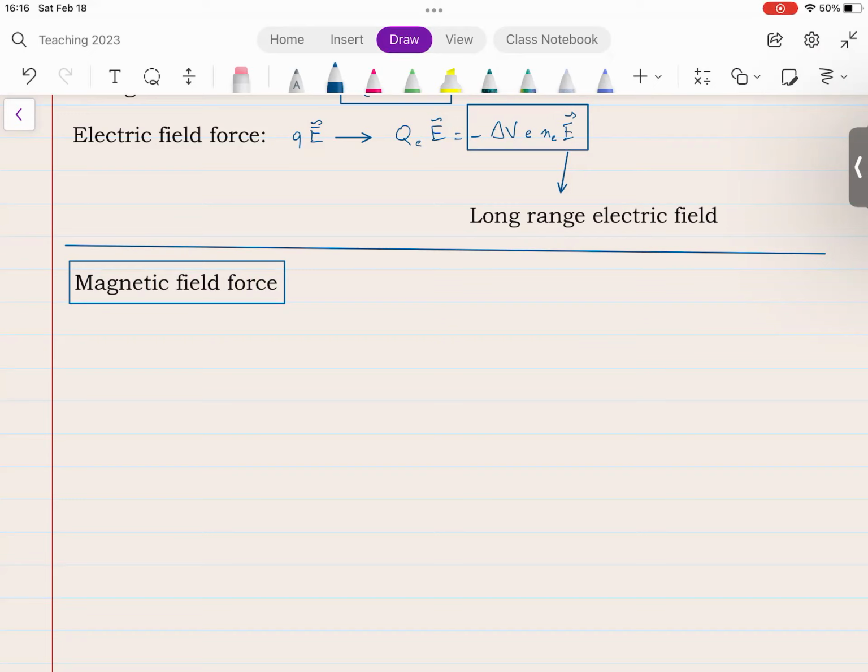This is pretty much, I don't want to say trivial, but it's very simple to derive. We know how to write the Lorentz force for a single particle.